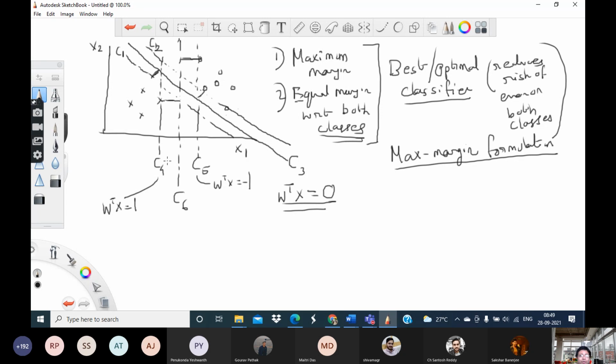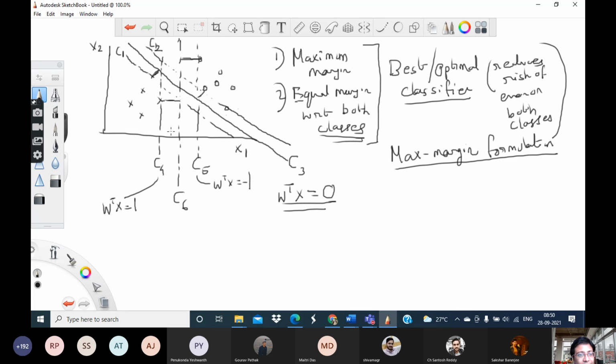In general I'm not claiming that you will always be able to find two marginal classifiers of these two forms, but if not found, you can always scale the feature vectors in such a way that you can find them.